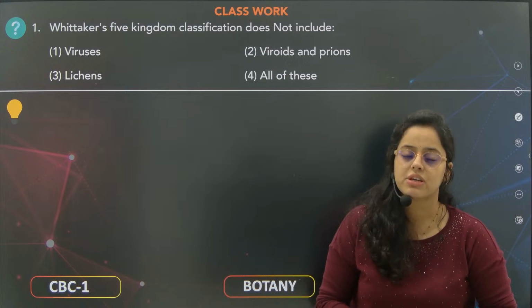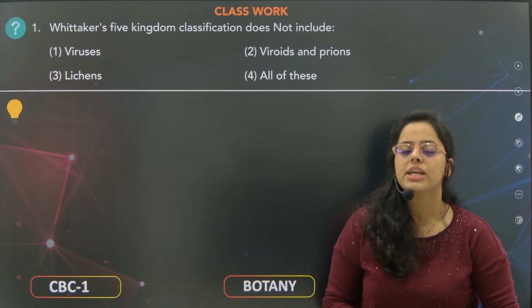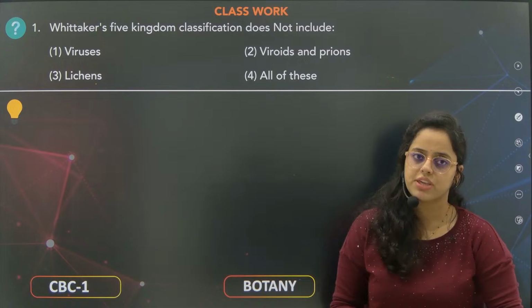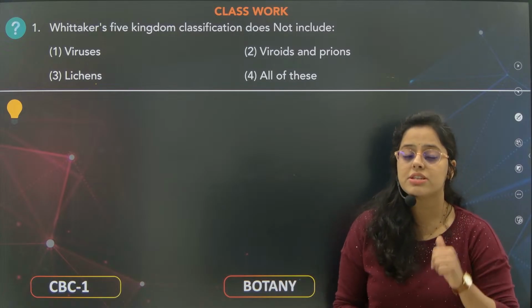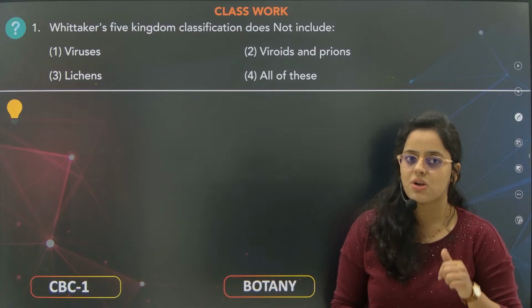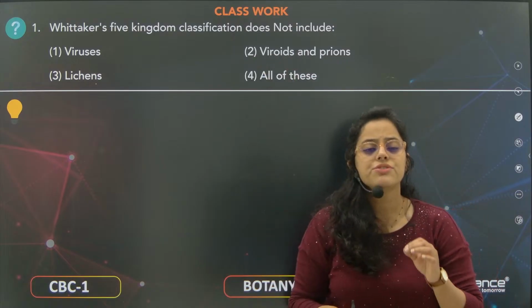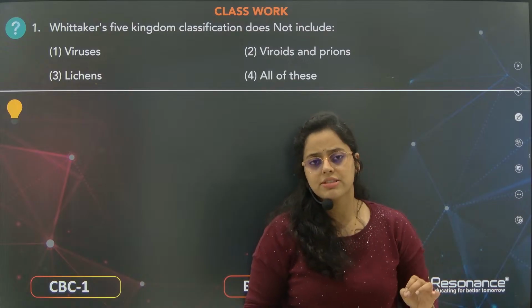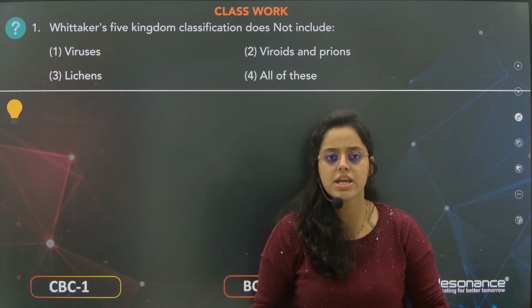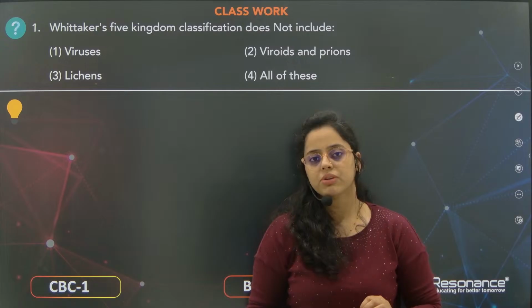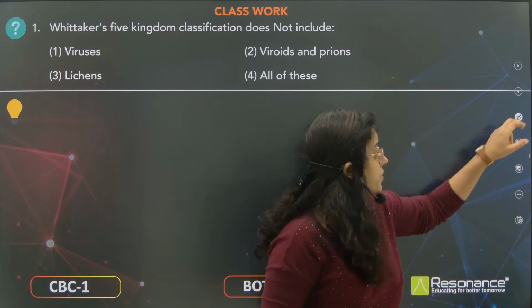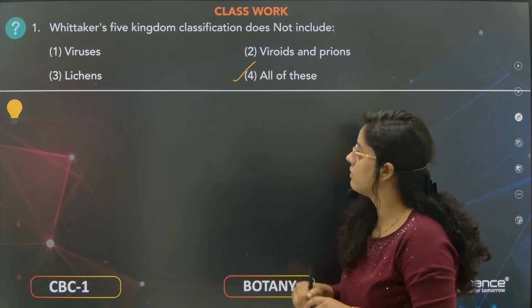So lichens were also not classified in the 5 kingdom classification. So here the answer is yes, all of these. You are correct if you have marked this answer, all of these. It is not only excluding viruses, it is excluding viroids, prions and lichens too. So the answer over here is going to be all of these.